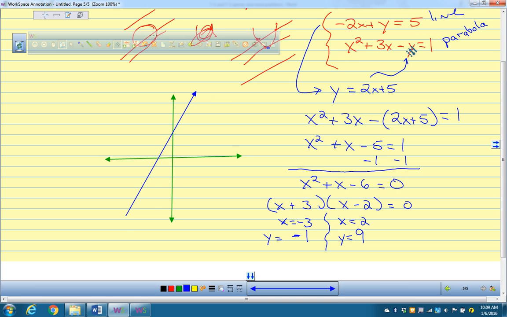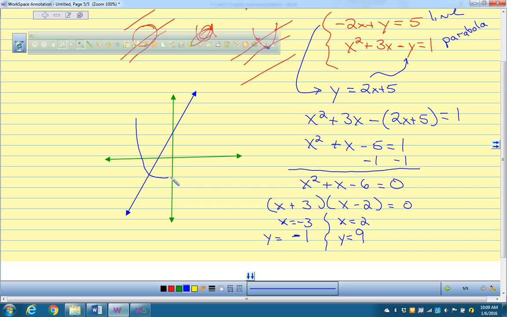And this, if I were to graph it, that'd be Y equals x squared plus 3x. It's some kind of parabola, right? I'm not exactly sure what it looks like, I could find out, but it crosses at negative 3, negative 1, right?